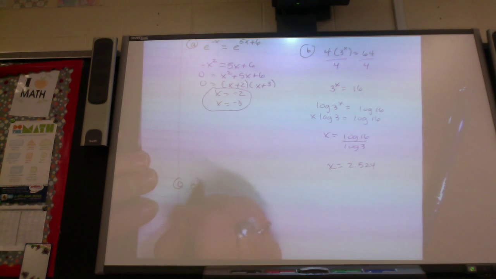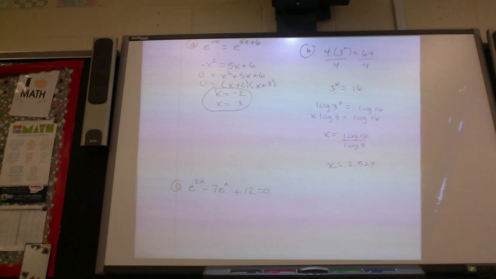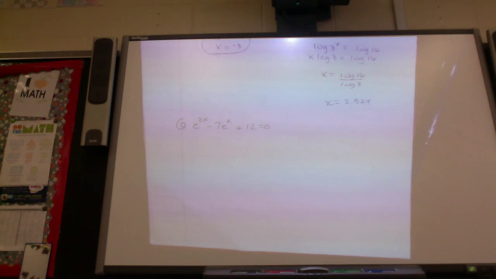e raised to the 2x minus 7 e to the x plus 12 equals 0. We need to isolate somehow those exponents.